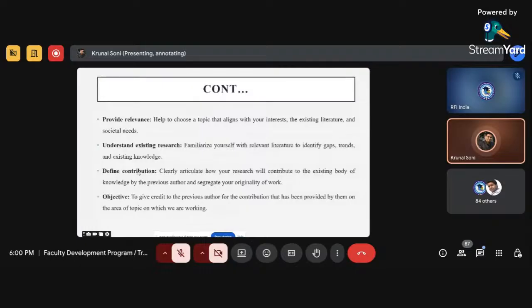Define contribution. We have already discussed that to prove your research to be correct and ethical, you should always give citations to everyone who has contributed to the existing body of knowledge that you have taken as a part of your research work.